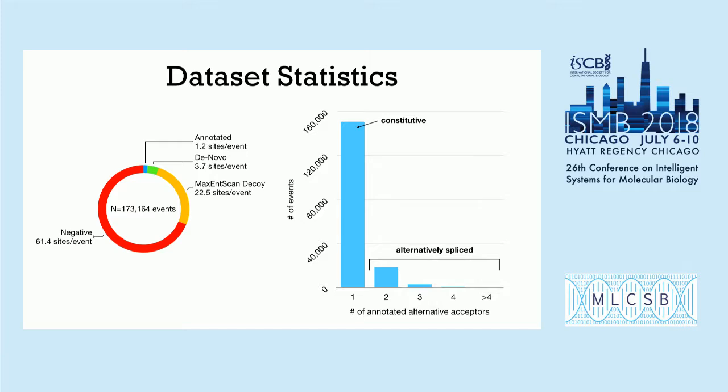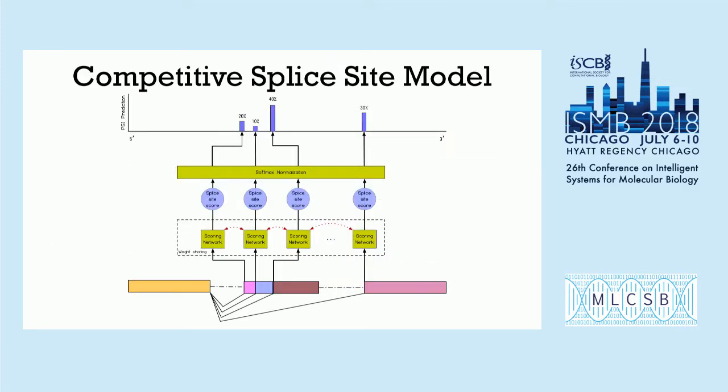On average, each of these events has 1.2 annotated sites and 3.7 de novo sites. And to that, we are adding around 20 of these decoy sites and 60 of these randomized sites. So now we have all the input for our model.